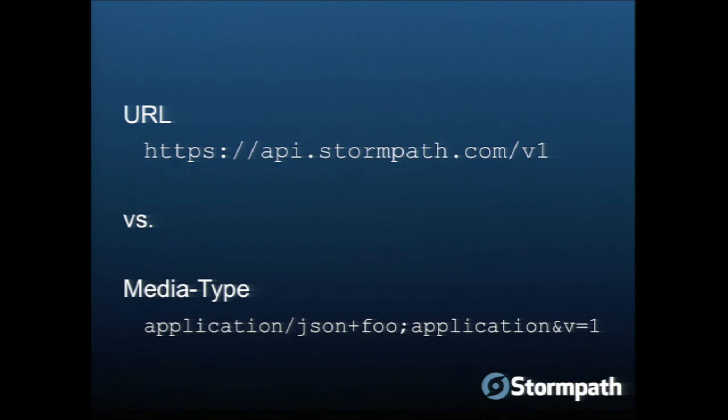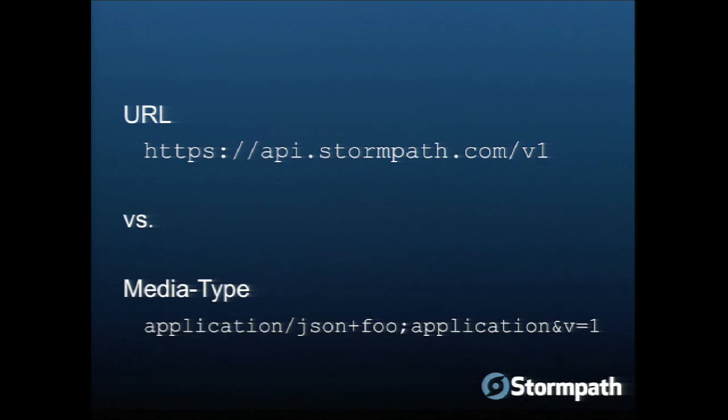The media type approach is actually more elegant in that the client can specify what version they want. This means that the URIs for the REST resources never change over time, or rather they don't have to change over time, and the client gets to choose the format version that it wants to receive.